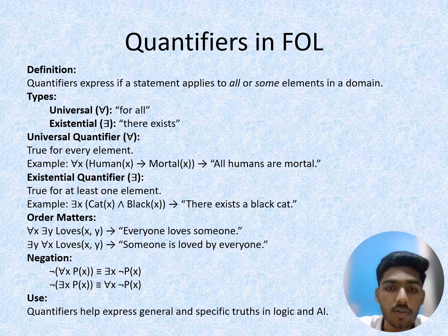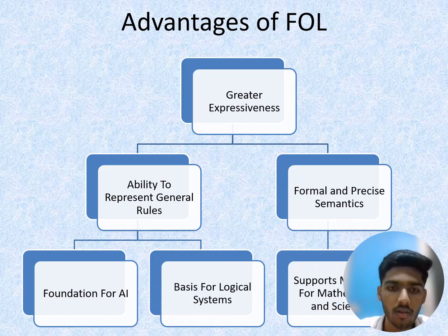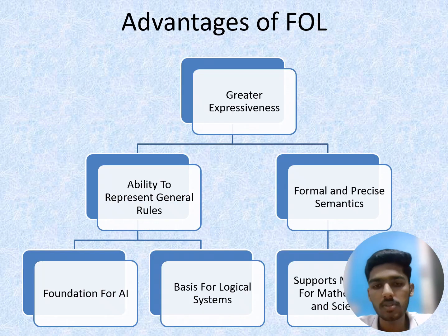But if you flip them, there exists y, for all x, loves(x, y) means there exists one specific person who is loved by everyone. Completely different meanings. This expressive power is exactly what complex AI systems need. Next, we will see the advantages of FOL.